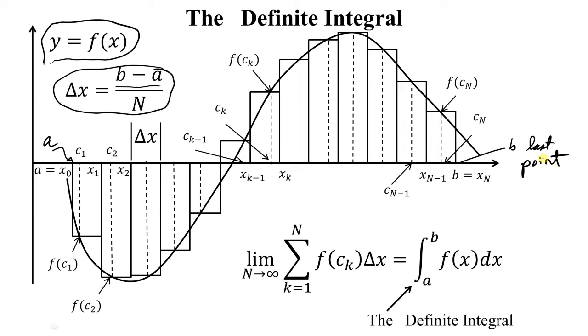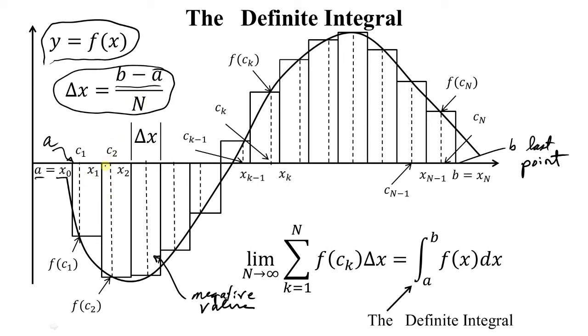Notice that we have areas here where the heights of the rectangles are negative. In other words, the function is below the x-axis, and the area of these rectangles is going to have a negative value. And the first point we're going to consider is a equal x naught, or x equal x naught.